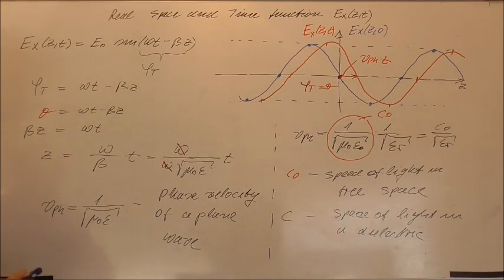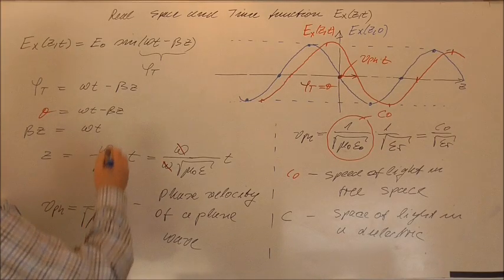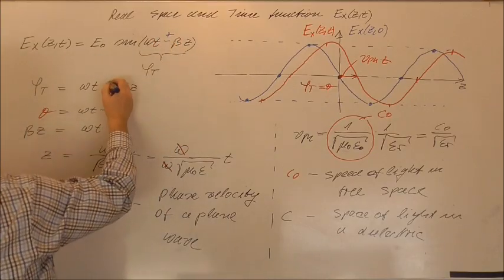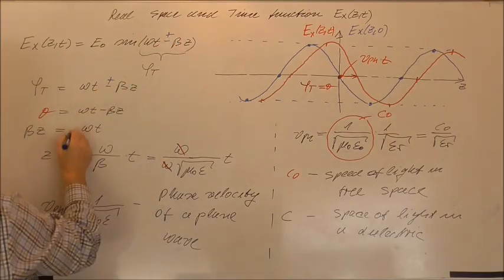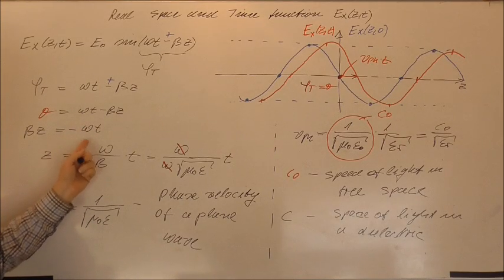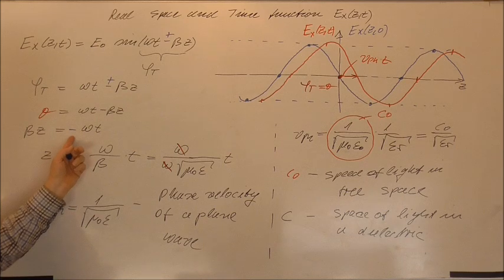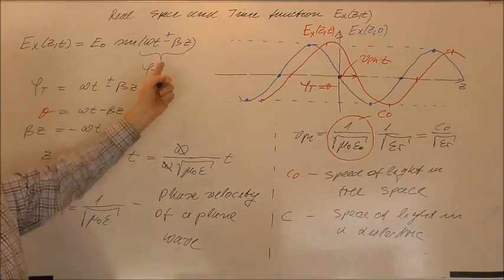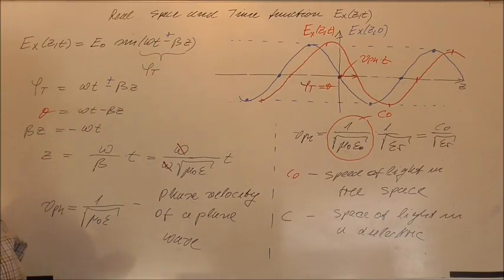On the other hand, if I have a positive sign here, then we would have a positive sign and here a negative sign. This results in the fact that for the function with the positive sign here, beta has to be chosen negative, and then this describes a wave traveling in the negative z direction. This we will summarize also in the next step.